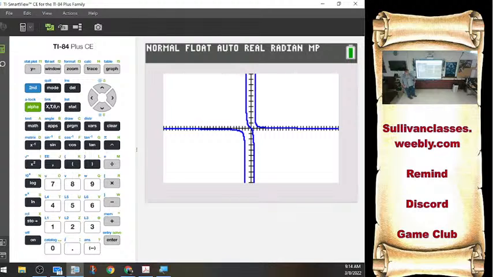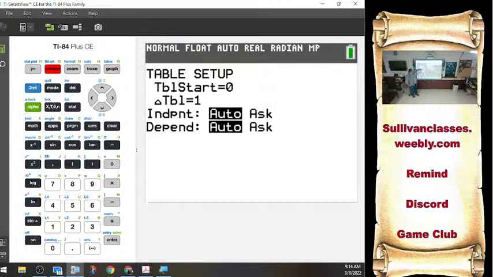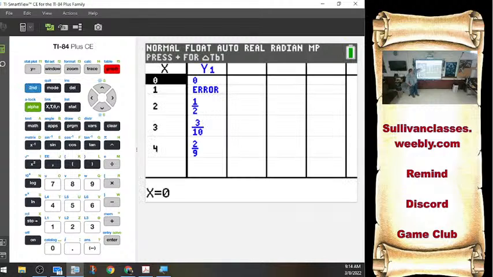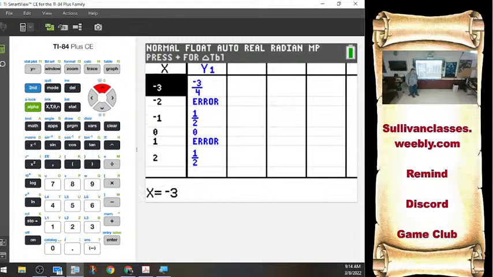Now if I want some more points with that, again, I'm going to go to my table. Oh yeah, it's just in fraction mode. Okay, you see how you're going to have errors where those asymptotes are? Just plot a few more points and you're good to go. Okay?